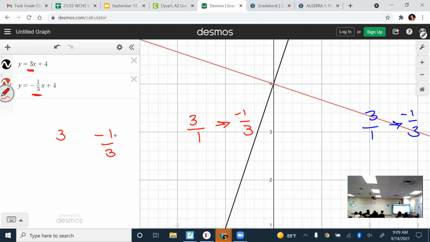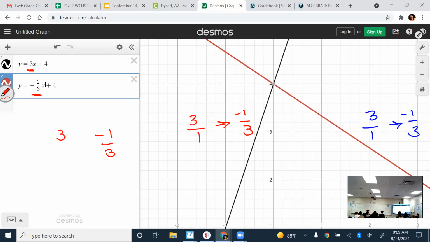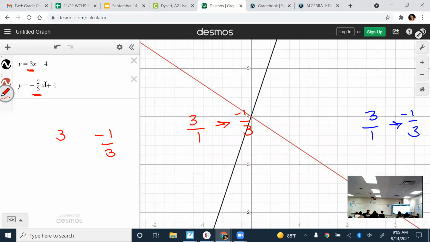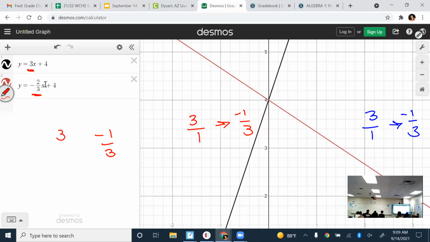All right, if I changed it even by a little bit, let's say I made it -2/3, or even just like a +1/3, it might look perpendicular, but it's not, because if I really look closely at these angles, this is more obtuse, it's not a perfect 90-degree angle, right? And that doesn't make sense. If I flip 3/1, I do not get 2/3. So I know those aren't perpendicular. Questions so far?